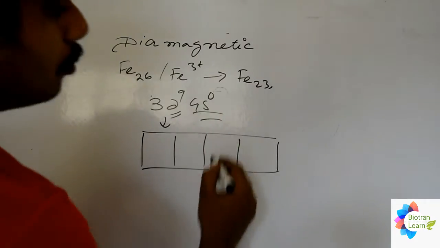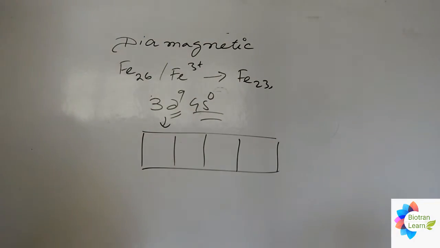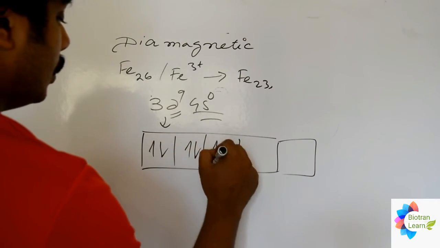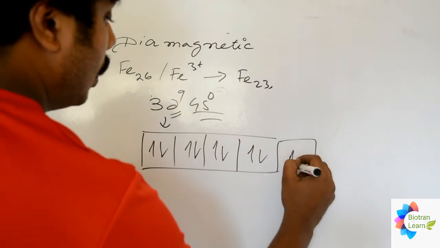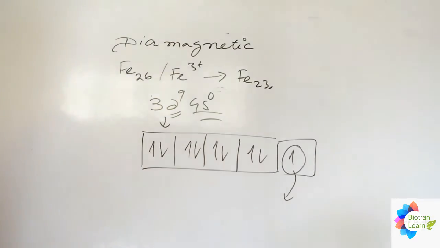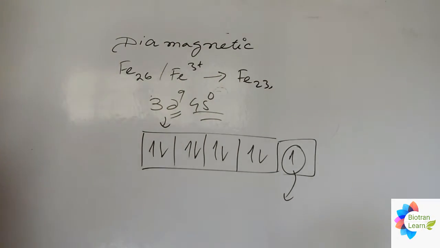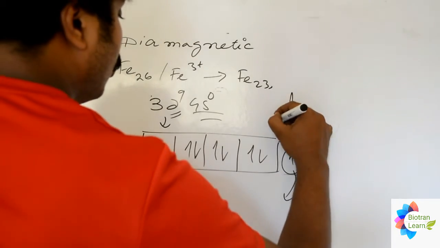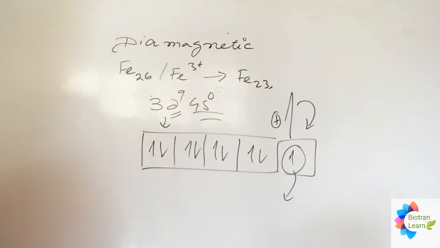So in case of 3d9, as the outermost shell leaves the electron, we have 1 2 1 2 1 2 1 2 1. So all of these paired electrons will be diamagnetic in property, but this single electron will show a positive rotation.